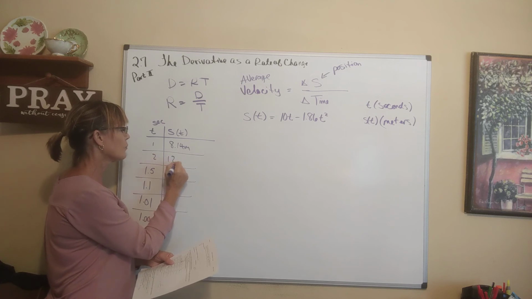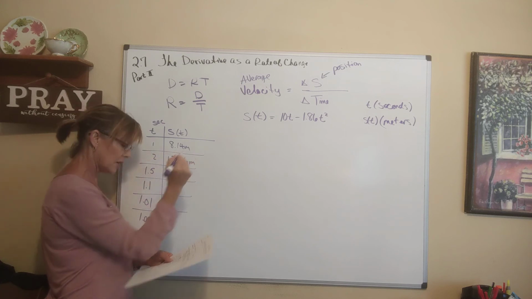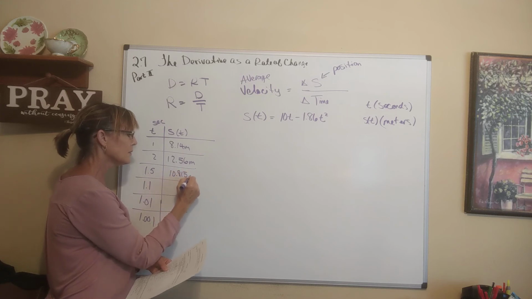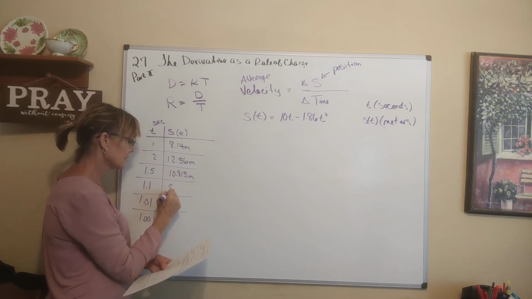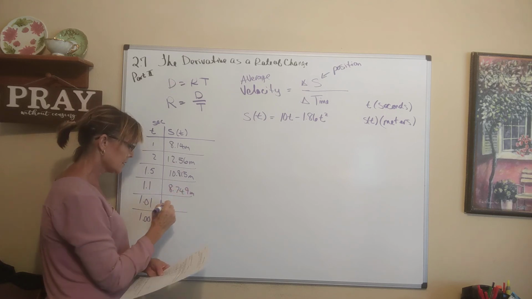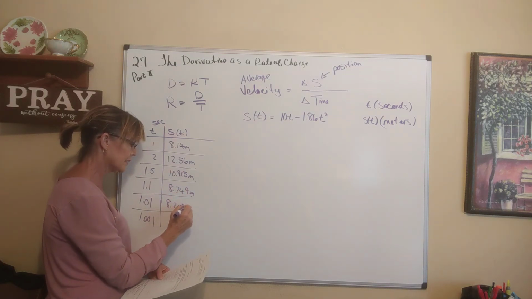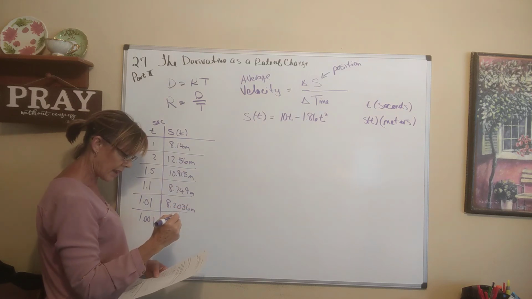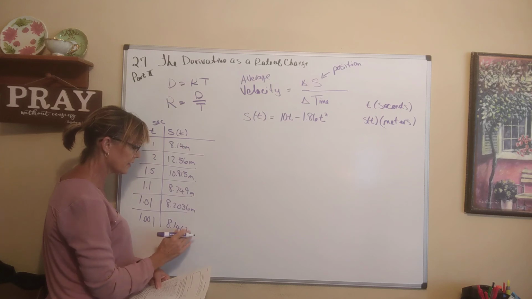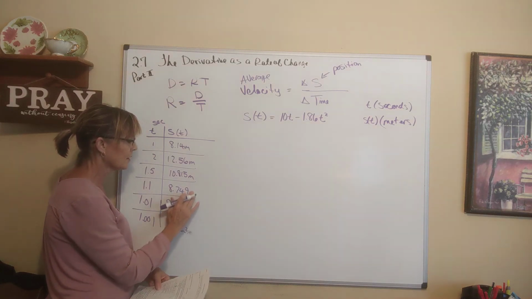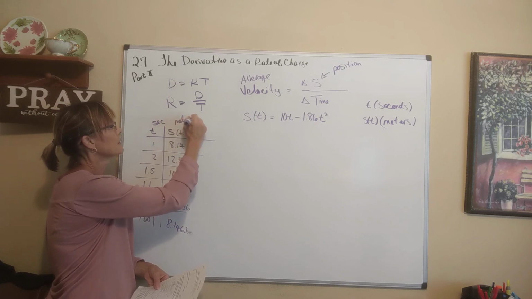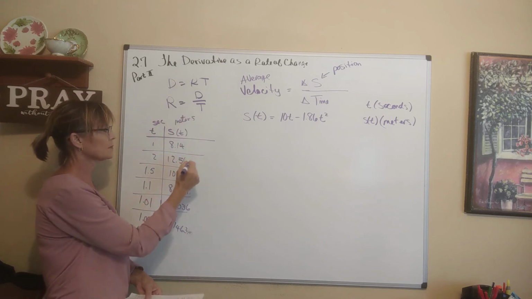I got 12.56 meters, 10.815 meters, 8.749, 8.2036, 8.1463. These are all in meters, so I don't have to write the M. This is the distance after this much time has passed.